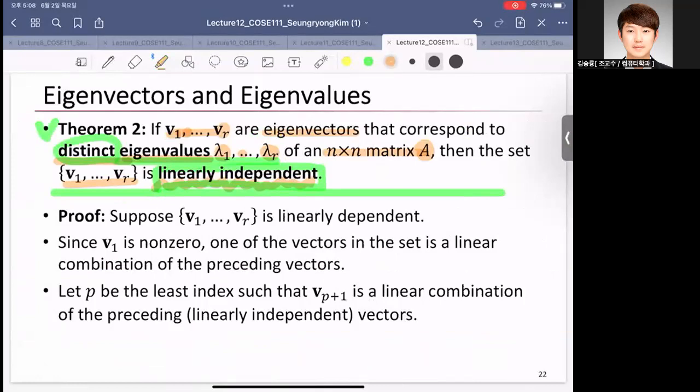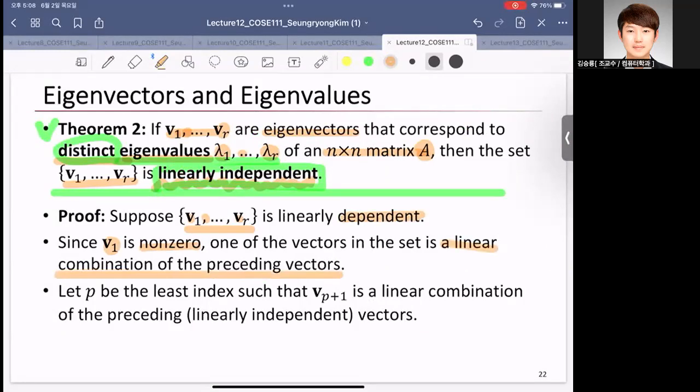Suppose that your eigenvectors v1, v2, ..., vr are linearly dependent. First of all, let's suppose your vector set is linearly dependent. Since v1 is non-zero, one of the vectors in the set is a linear combination of the preceding vectors.